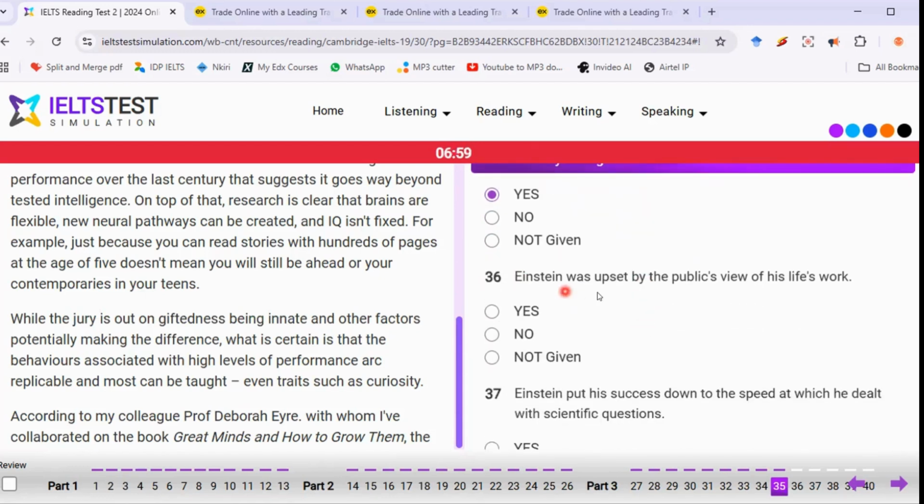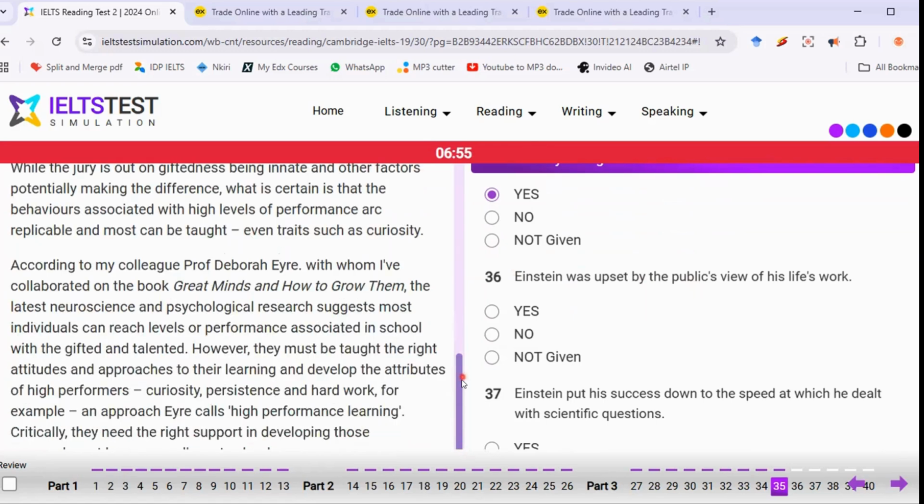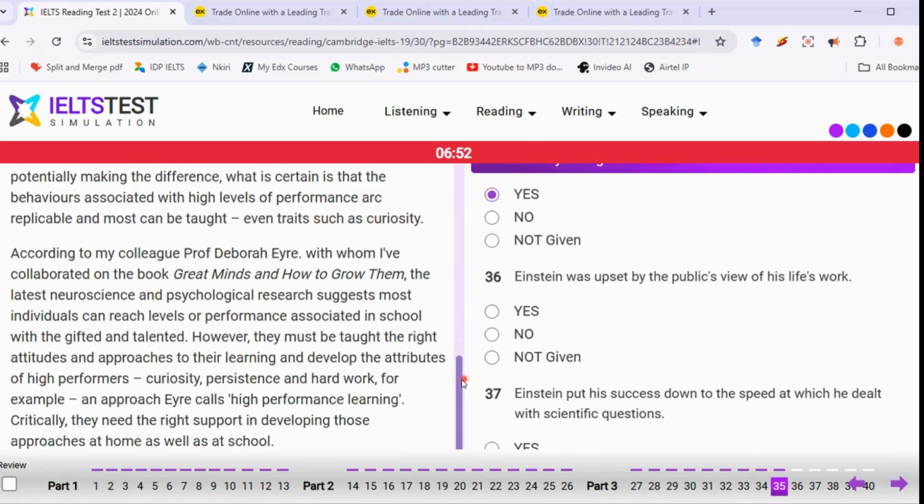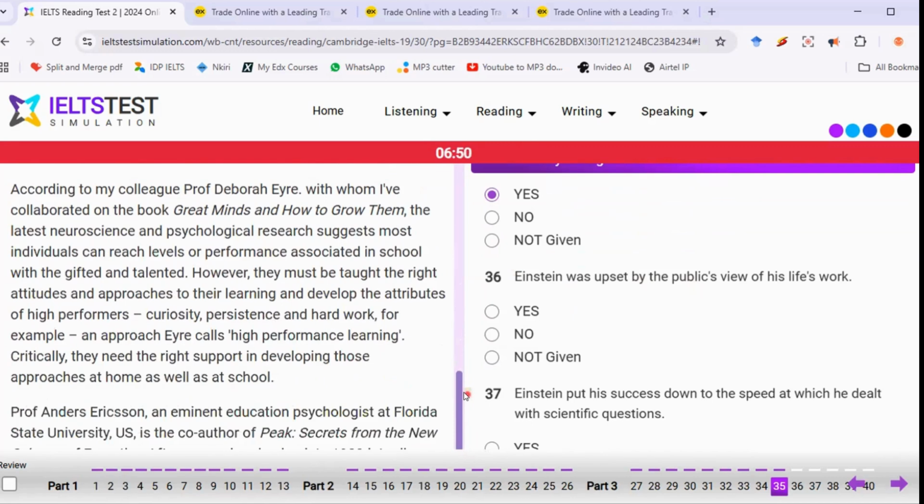Number 36, Einstein was upset by the public's view of his life's work. Is there anything like Einstein in the next paragraph? I can't see anything here. I can only see air. The latest neuroscience suggests that most individuals can reach levels of performance.